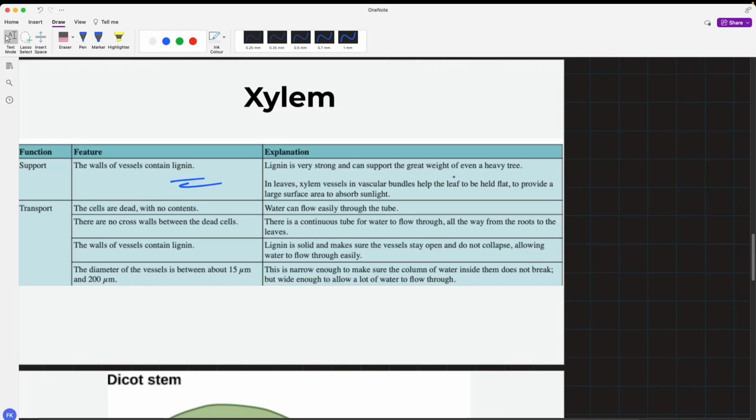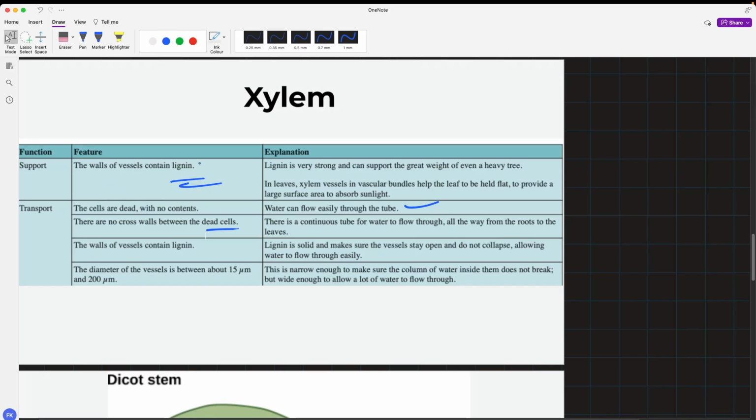In leaves, xylem vessels in the vascular bundle help the leaf to be held flat, to provide a large surface area to absorb sunlight. Xylem is definitely used for transport. The cells are dead, with no water content, so water can flow easily through the tube. There are no cross walls between the dead cells, so there is a continuous tube for water to flow through, all the way from the root to the leaves.